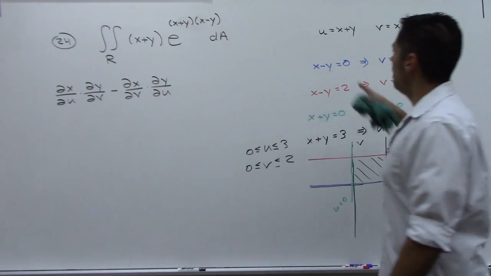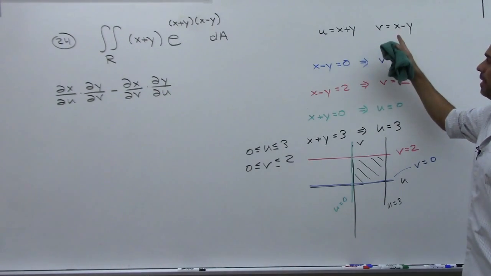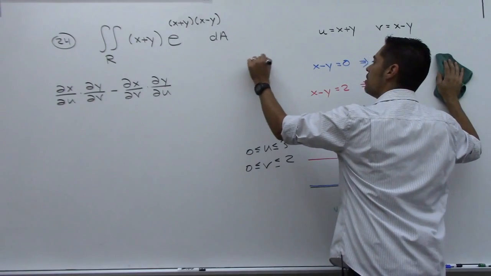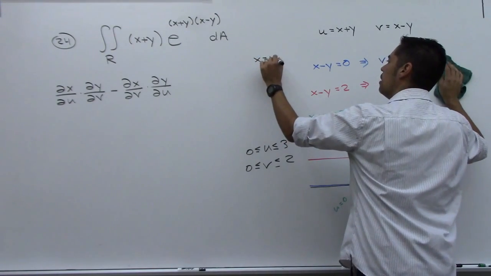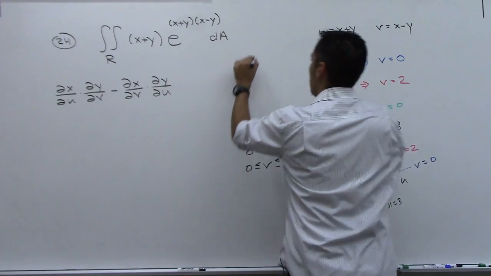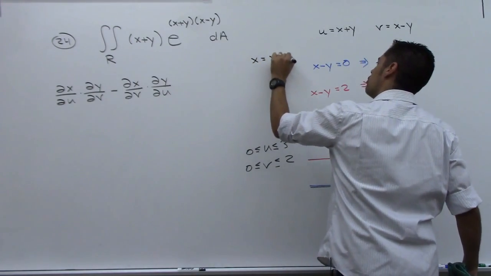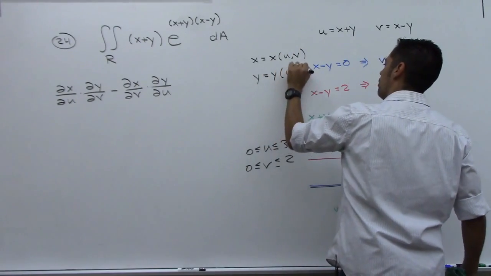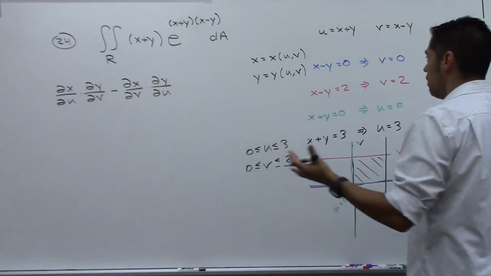But notice these are not solved for x and y. I do not have that x is some function of u and v, and I do not have that y is some function of u and v. I don't have that yet.